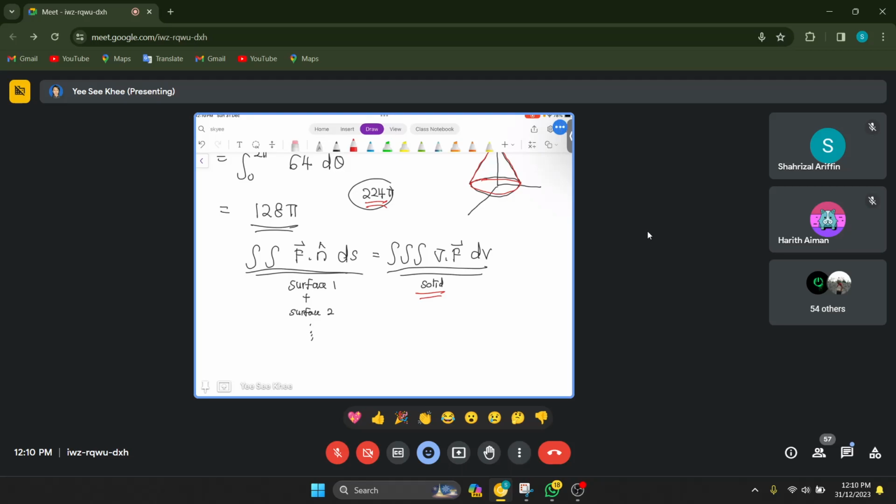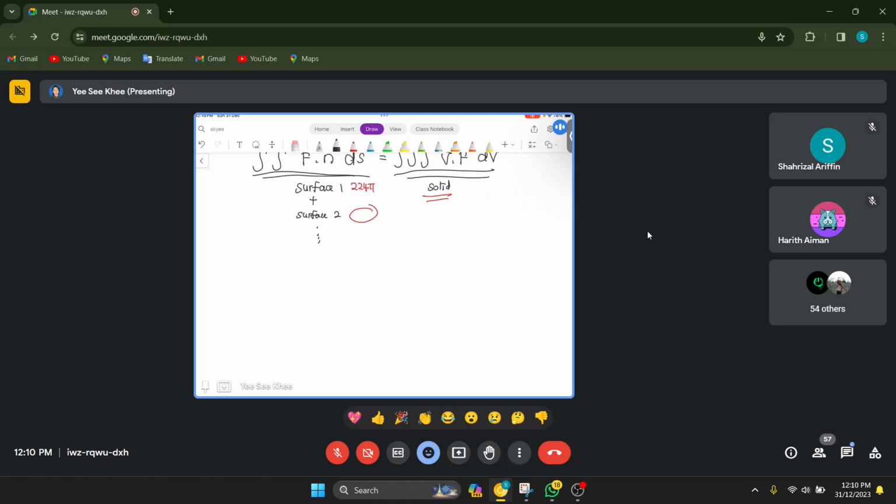How to prove? Here just now we know that it is already 224 pi, right? Now let's find out what is the flux coming out from this second surface, surface 2. So look at this surface 2.